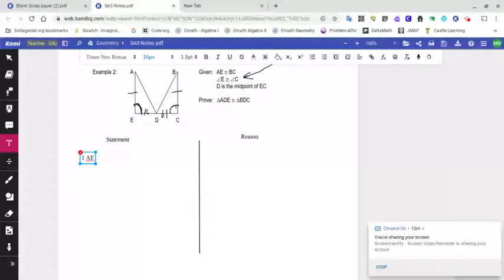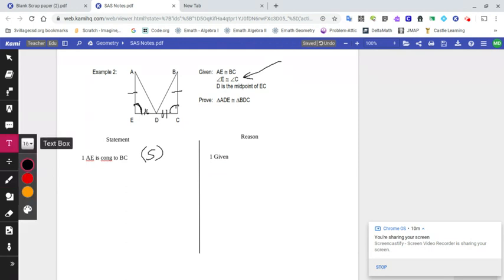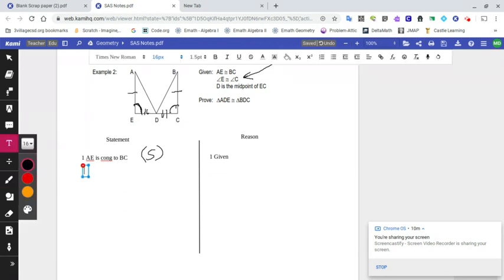AE congruent to BC. And I'm going to put over here, that's my given. And already that's a side. So now I can just move on.